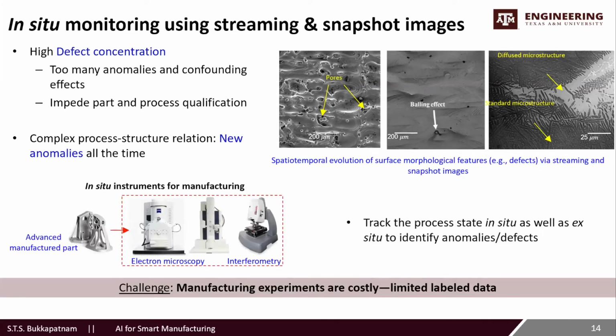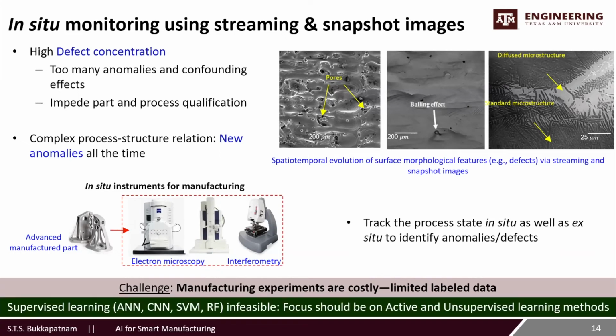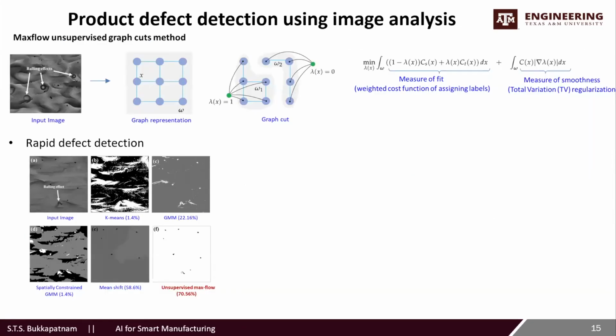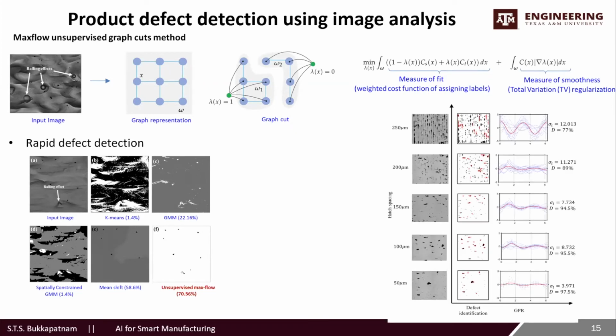And sensor technology has developed, but the data that comes from these sensor signals are often not labeled. So we need to come up with an unsupervised learning method. In one of our recent works, Professor Asif Iqbal, who's now at Arizona State, developed a very elegant graph-based method with which you can very quickly segment out the portions that are likely to contain defects.